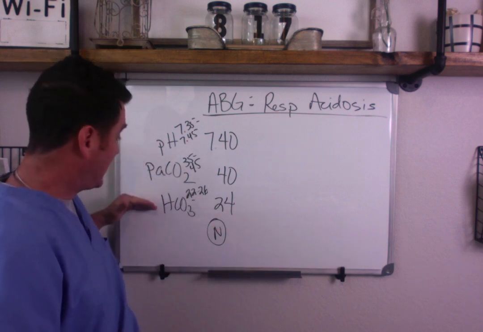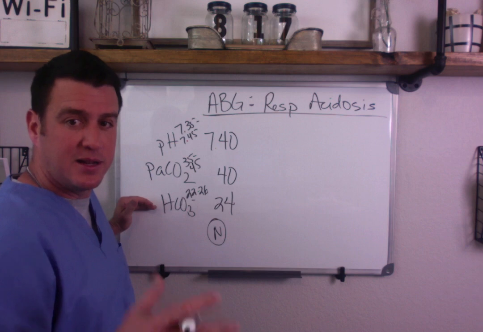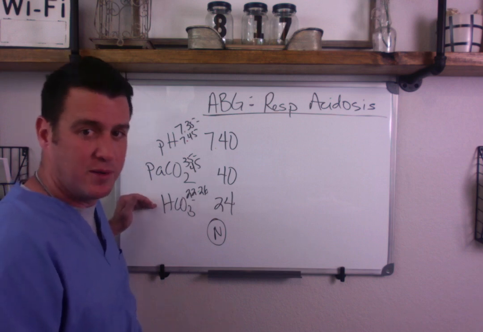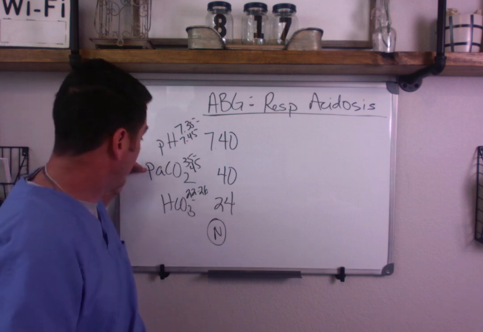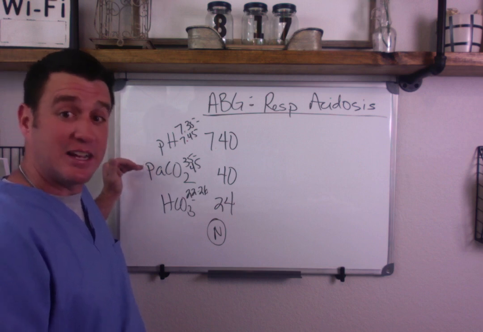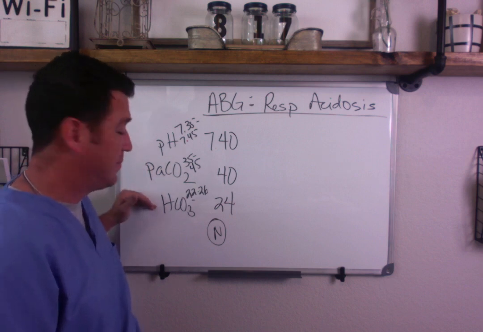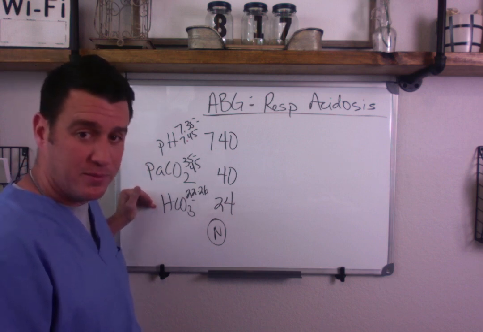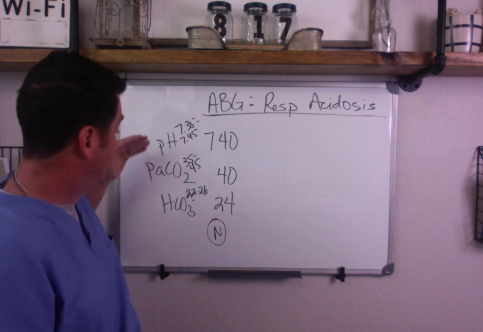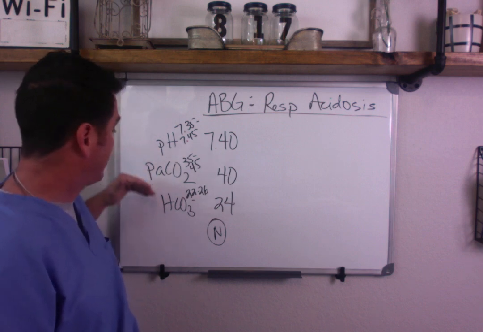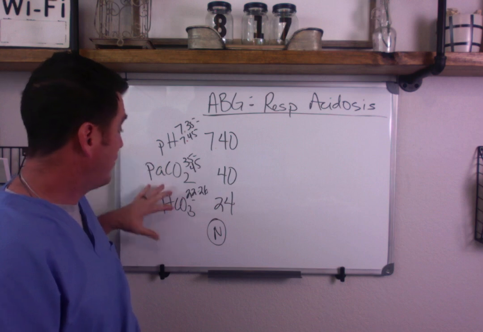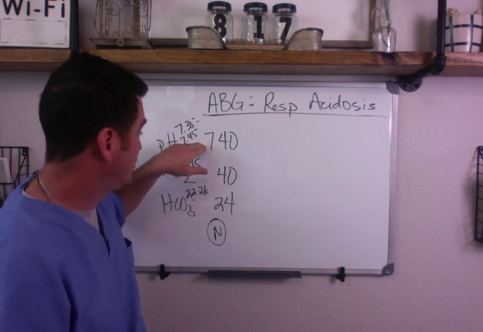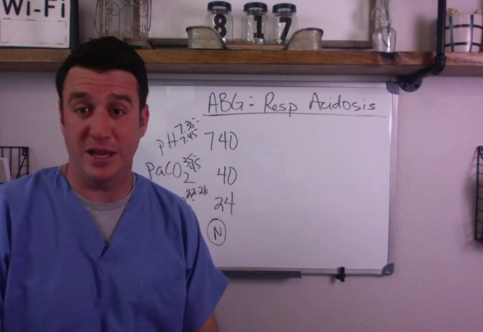We know that the bicarb is the metabolic component, and it's the compensatory mechanism for respiratory problems, just like respiratory is the compensatory mechanism for metabolic problems. So, CO2 compensates for bicarb, bicarb compensates for CO2. Both of these things together drive your pH.